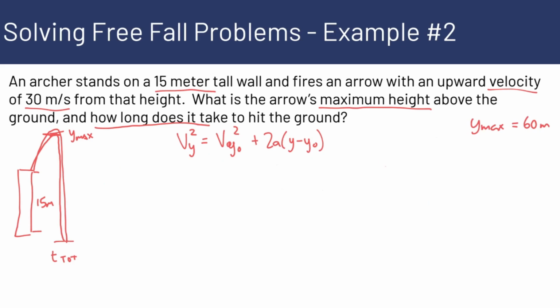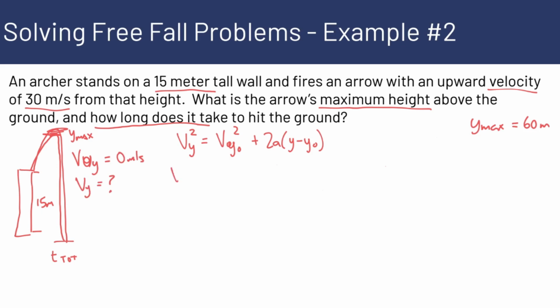Okay, so now we're going to figure out the velocity that the arrow reaches from the maximum height down to the ground. So we're going to say that our v naught y at the max height is 0 meters per second, and we're trying to figure out vy.